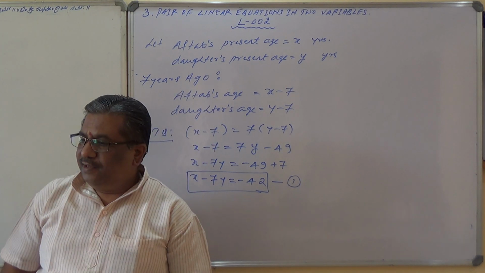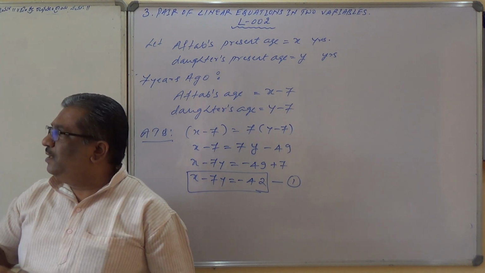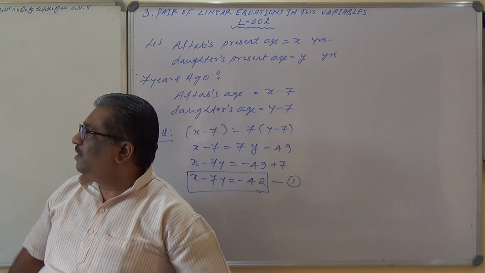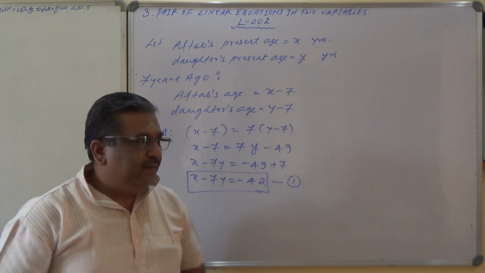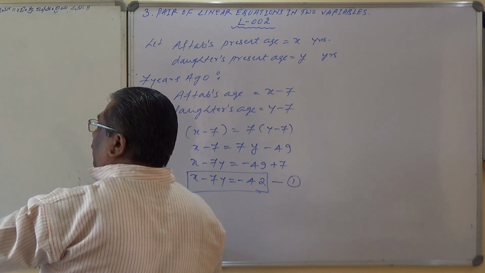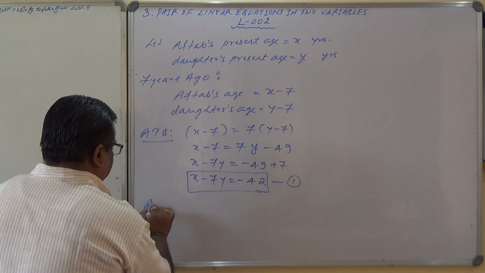Second situation. The question says, 3 years from now, Aftab says, I shall be 3 times as old as you will be. 3 years from now means after 3 years.